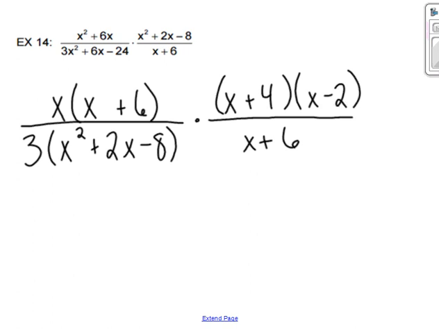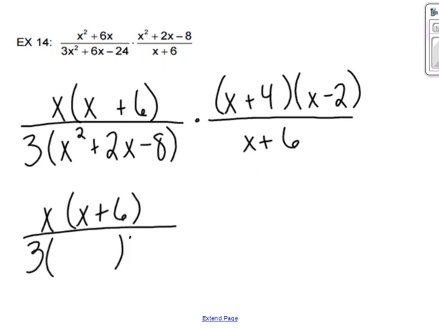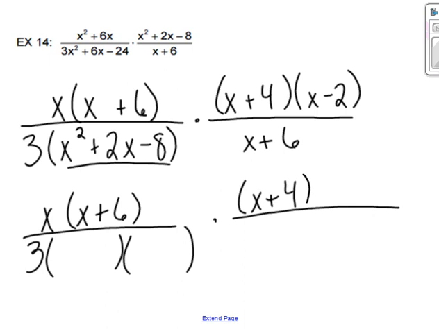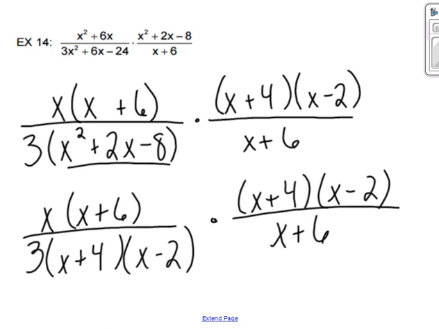And then I still have to keep factoring. So I factor this part right here, because I need those domains. That's what's keeping me from doing all that right away. So I have, well, the same thing.